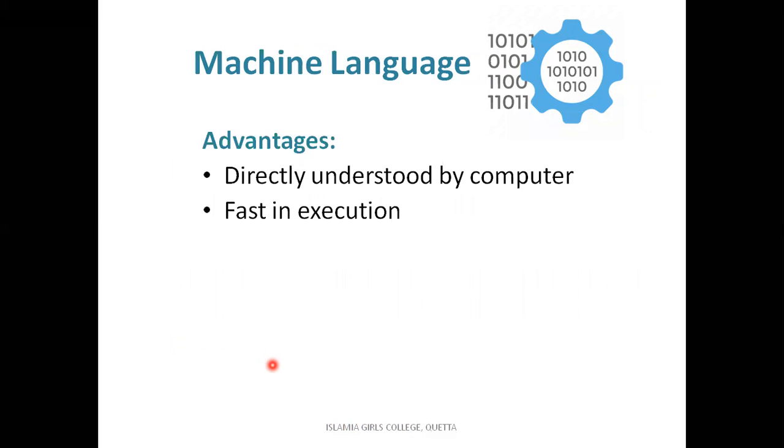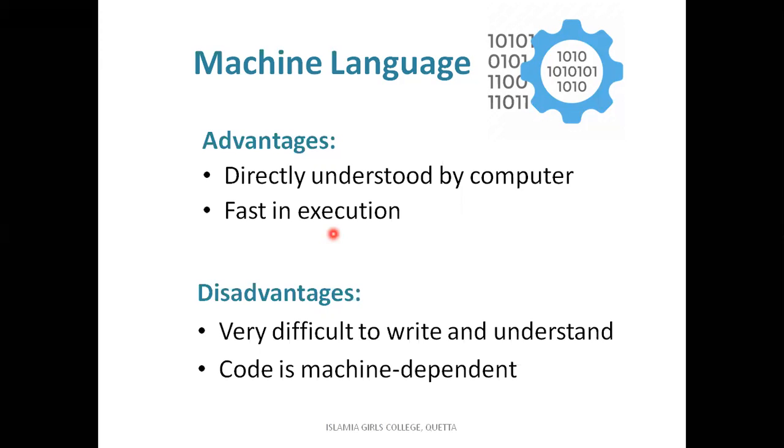Now we will see some advantages of the machine language. The advantage is that it is directly understood by the computer, so we need no translator. Second advantage is that it is very fast in execution. Now the disadvantages are that it is very difficult to write and understand. As you have seen, it is all in ones and zeros, so it is difficult to write and understand.